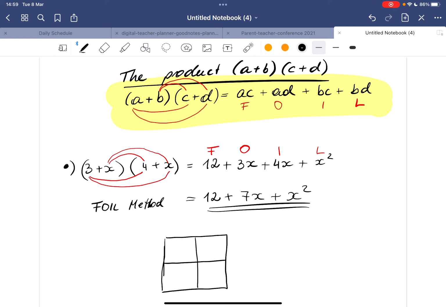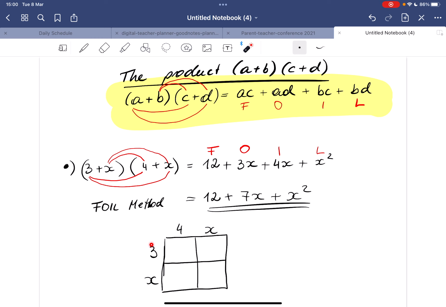Then you would put the terms from the first bracket here and here. So that would be your 3 and your x. And you would put the terms from your second bracket on top of your grid, here and here. And then you would fill out this multiplication grid.